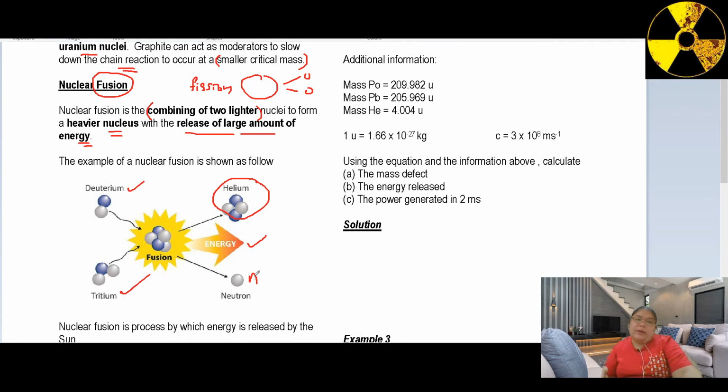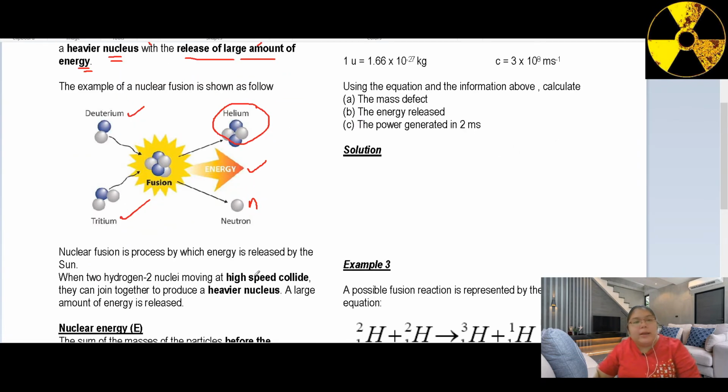So this one is another process to produce nuclear energy. Okay, let's see here. Nuclear fusion is the process of energy released by the sun, which means solar energy. Okay, when two hydrogen nuclei, that means the deuterium and tritium, are moving at high speed, after that they collide.